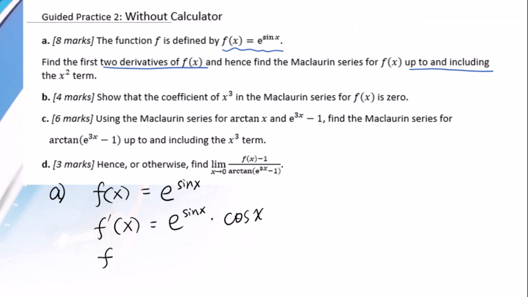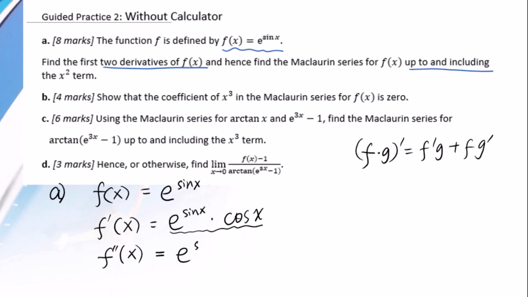Then f double prime of x equals, we have to do the product rule: f g prime plus f prime g. e to the sin x prime times cosine x plus e to the sin x power times cosine x prime.